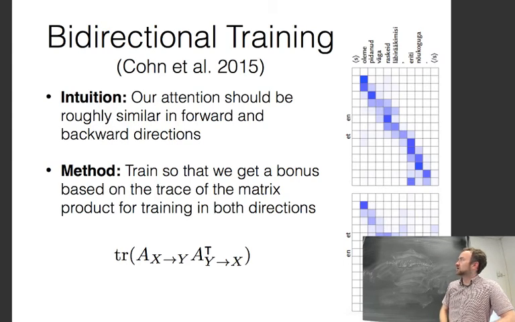So what this is saying is if things in the same position in these two matrices look about the same, you get a bonus. If you have very different matrices for these 2, then you don't get a bonus. This worked really well in this particular paper, but it requires you to train 2 models, 1 model in each direction at the same time. So that's a bit of a pain, I guess.